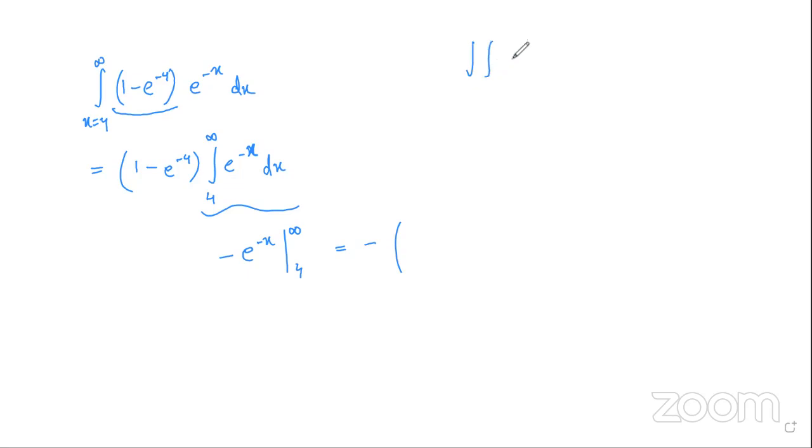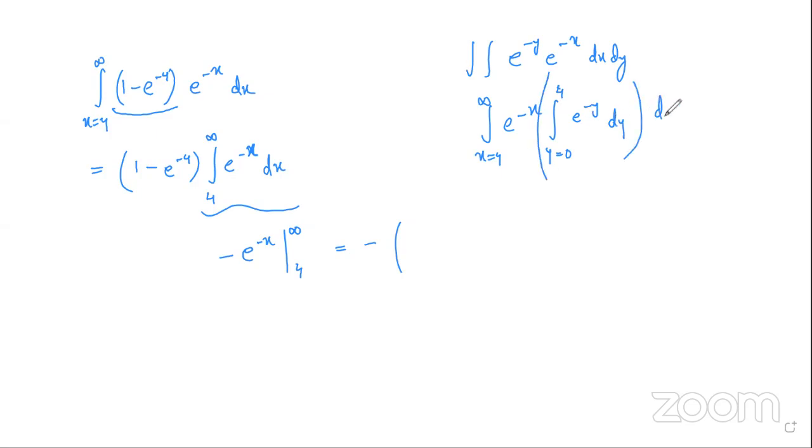So first we had e to the power minus x, e to the power minus y, dx dy. So what I'm doing is we will do the integration first with respect to y. So x is varying from 4 to infinity, e to the power minus x I put it out, and y is varying from 0 to 4, e to the power minus y dy dx.